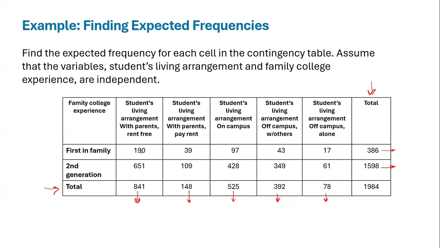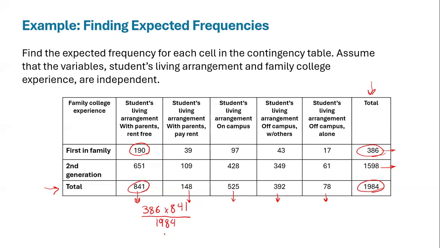Then to find the expected frequency for 190, since 190 is in the first row and the first column, we need the sum of the numbers in the first row and the sum of the numbers in the first column, which means 386 times 841. Then divide this by the total sample size, which is 1984.